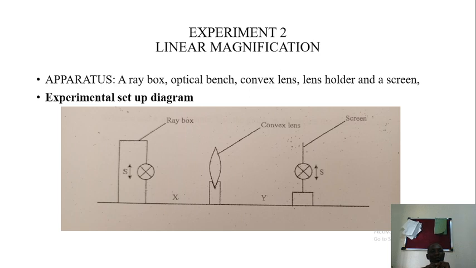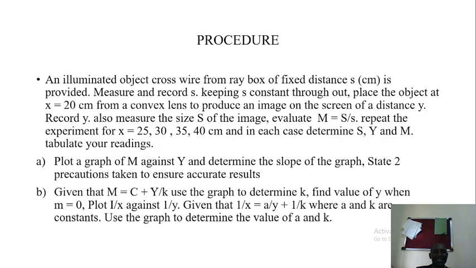Now, when that is done, you measure the interval between where the ray box is and where your lens holder will be placed on the optical bench. The interval, the first one, is given as 20.